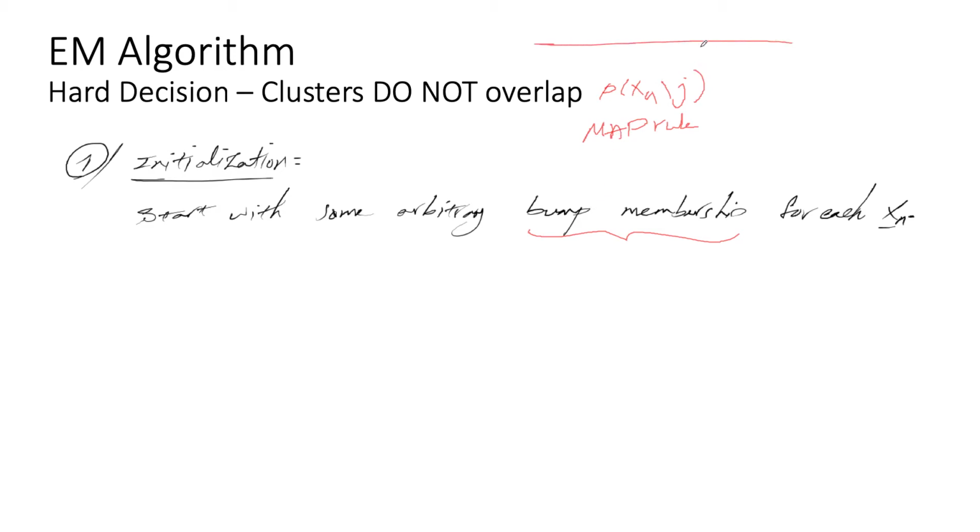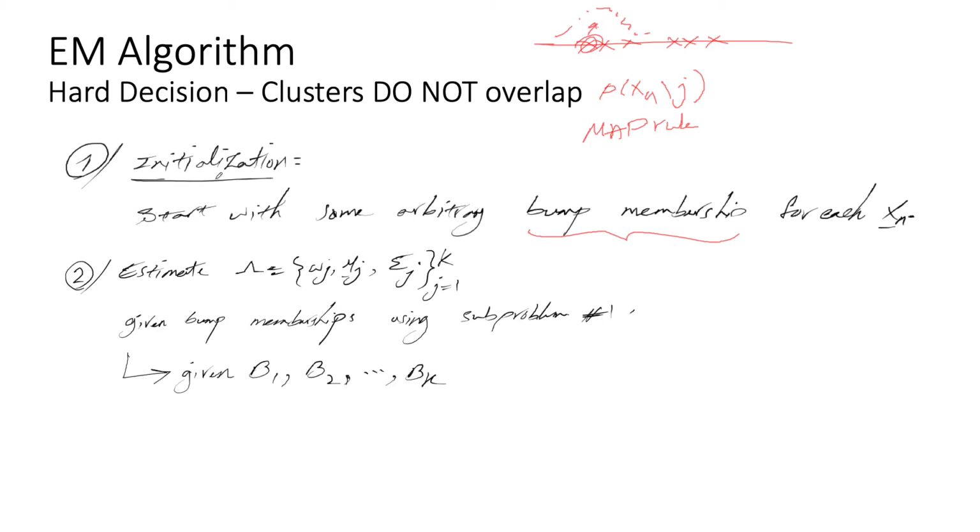So given certain points, they would assign, for instance, in this case, this point to this bump, right? And we call it bump membership. So we would start with some arbitrary bump membership for our data, for each of the xn's.